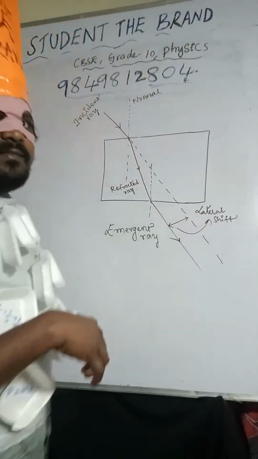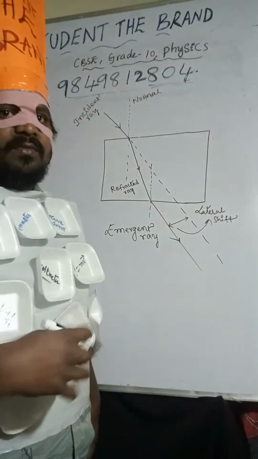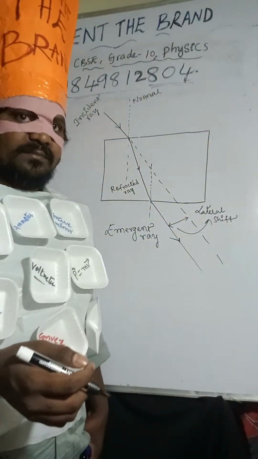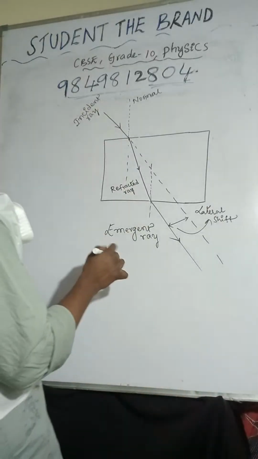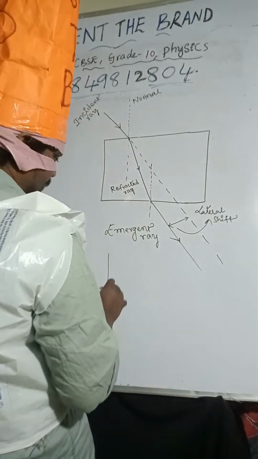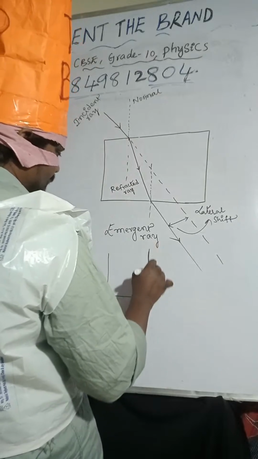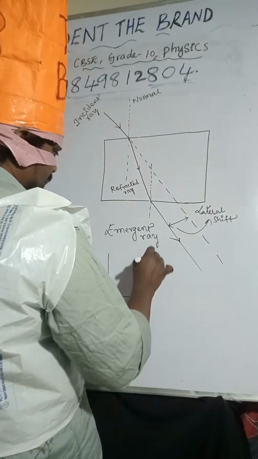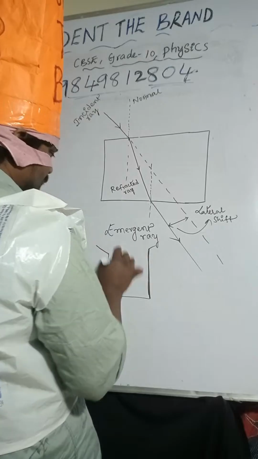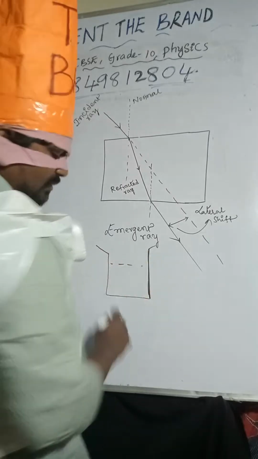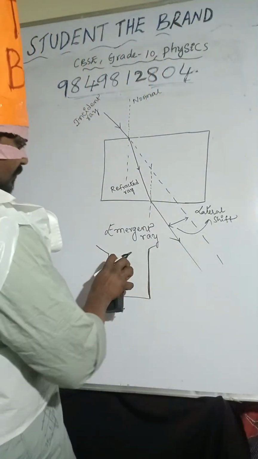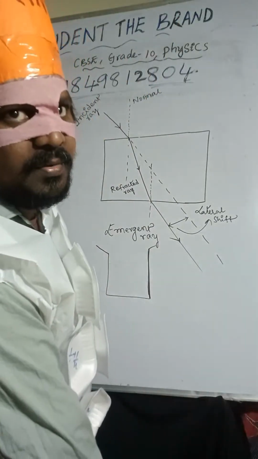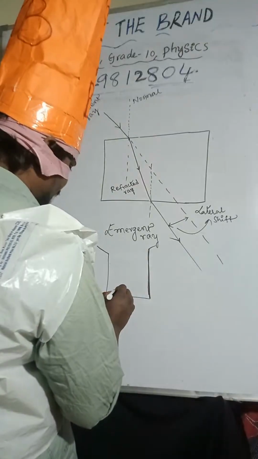Okay, lateral shift. And coming to vertical shift, normally if you are taking a beaker, you place a coin at the bottom of the beaker. This is the coin.